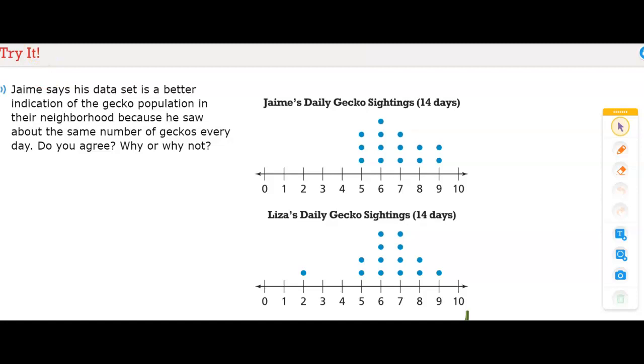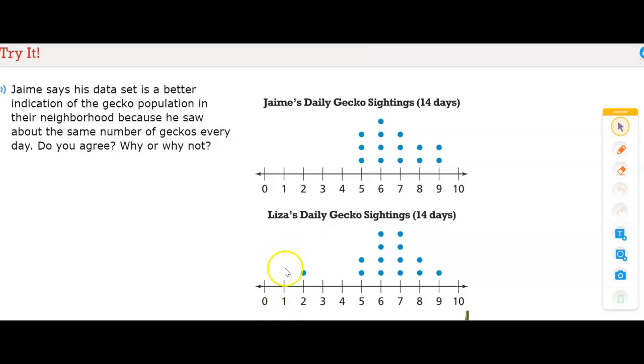I would say yes, I agree, because outliers are like that one time something different than the usual happens, right? So something that is consistent, like Jamie's data, where he's seeing about the same number of geckos each day over that time period, would be a better indication of that population.